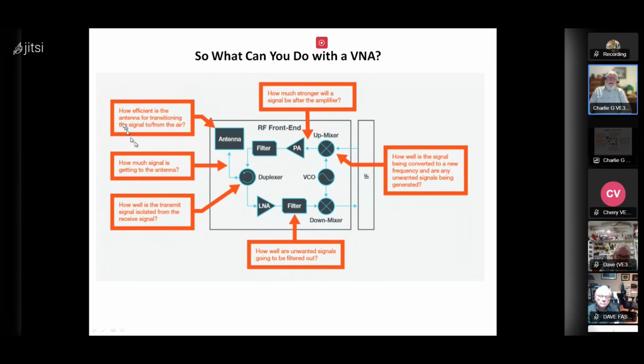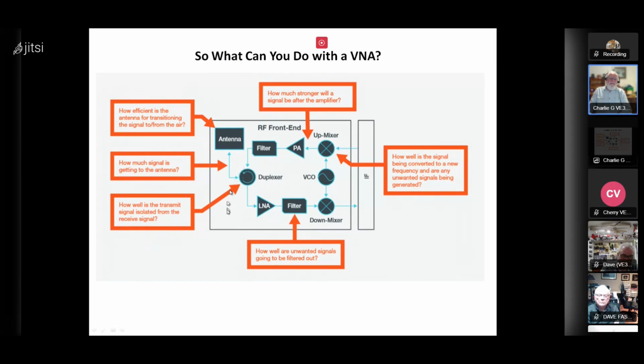So you can use the VNA to take a look at the antenna, understand how efficient it is for getting the signal from the radio out to the air, how much the signal is getting to the antenna, how much is getting reflected back towards the radio. And other things you can look at.